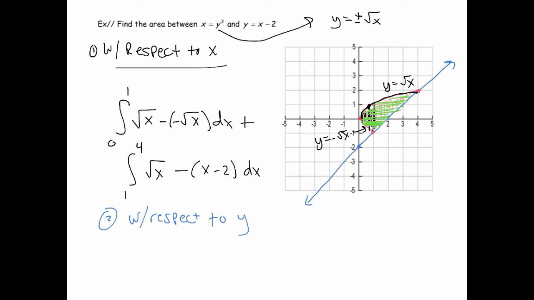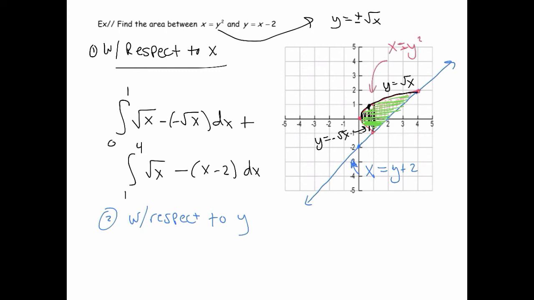your rightmost function is always the blue line, which we need to express in terms of y. So if y equals x minus 2, then x equals y plus 2. That's what we want to name this blue line if we're integrating with respect to y. And again, the parabola, the red one, we should name x equals y squared.